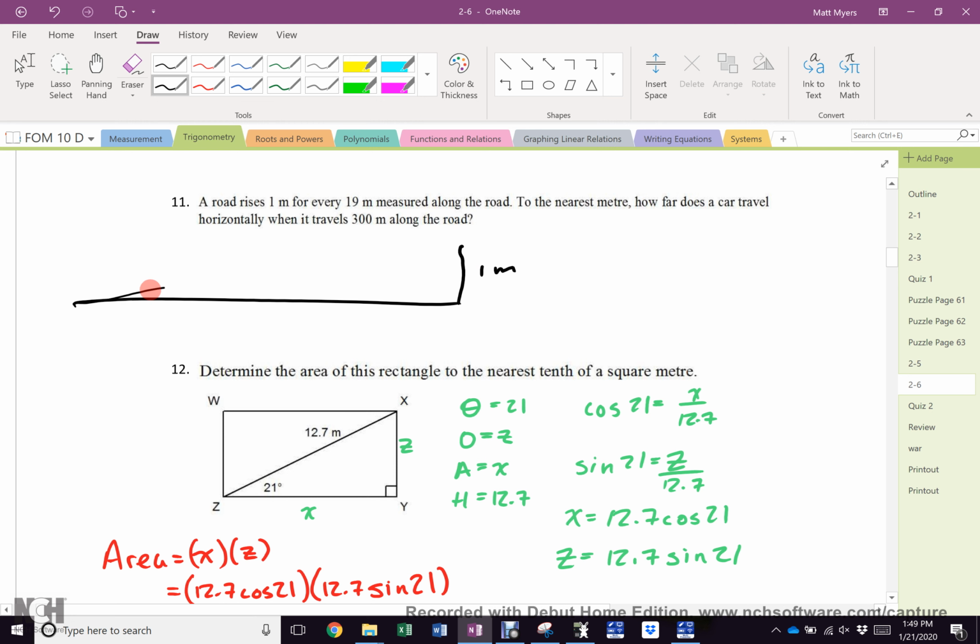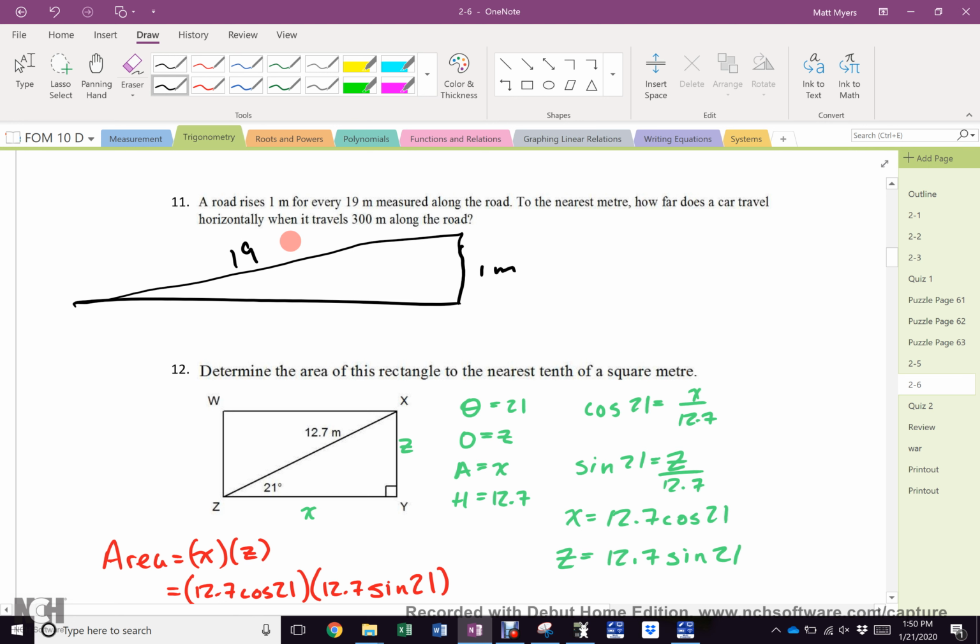The road has risen. Where does the car drive now? Does the car drive through the mountain and then take an elevator to the top? No, indeed, it does not. This is where the 19 is. So the hypotenuse is 19. That's the way the road goes over a rise of 1 meter and a hypotenuse of 19.